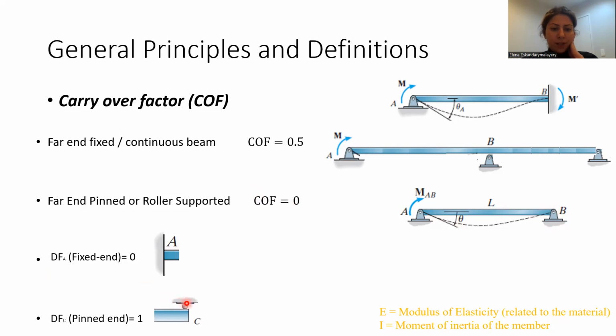The carryover factor at each support also needs to be determined. For example, for a fixed end, we have 0. This must be the carryover factor. COF for A equals 0, and COF for a pin end is 1.